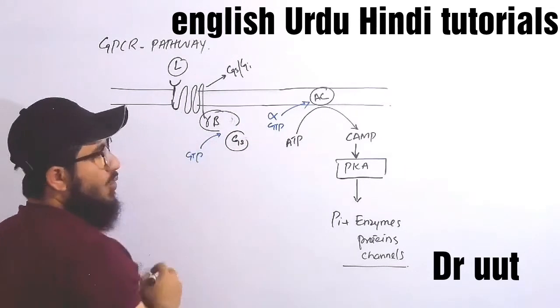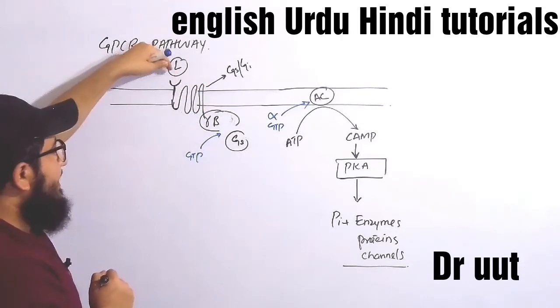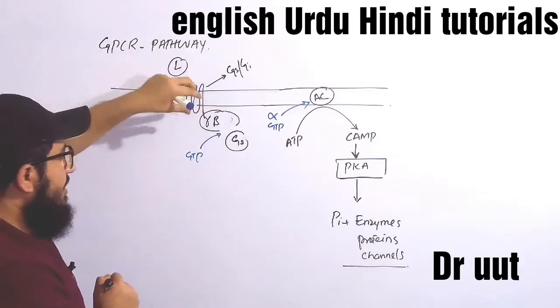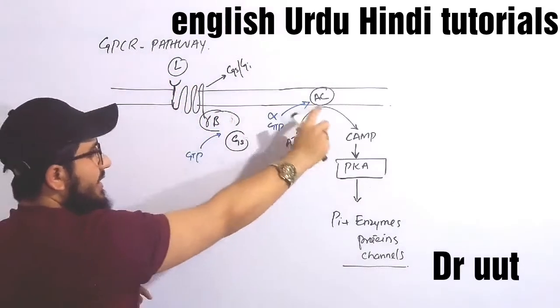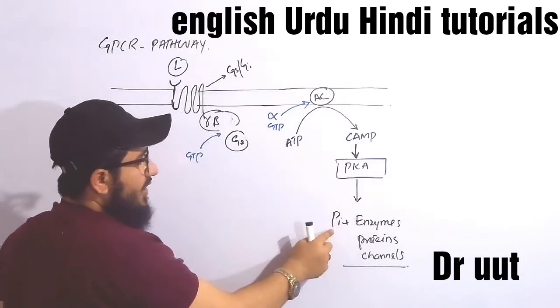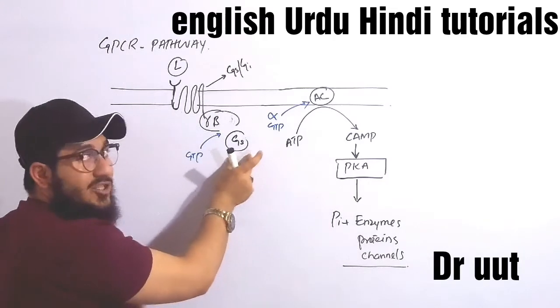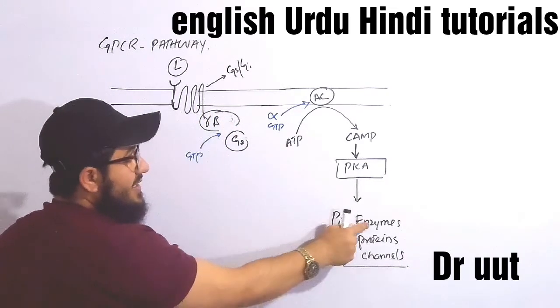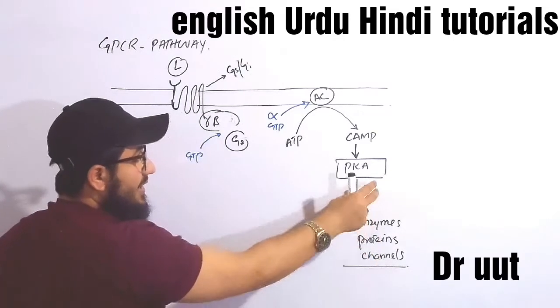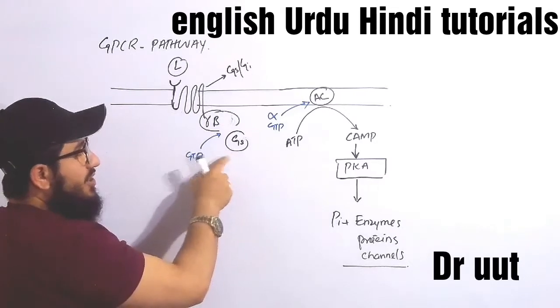If it is GS coupled, this receptor will be stimulated by the ligand. After stimulation, this GS will transfer the signal, and at the end phosphorylation will happen of the enzymes, proteins, and channels. If the signal is received by the GS coupled receptor, then after phosphorylation these enzymes, proteins, or channels will become active. Why? Because the signal is from GS.